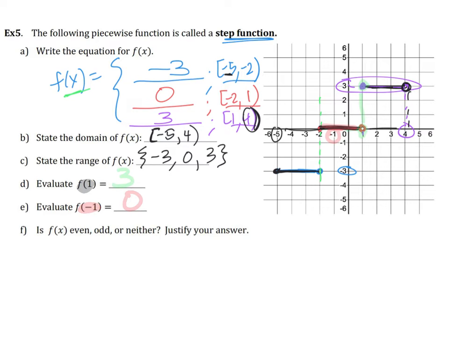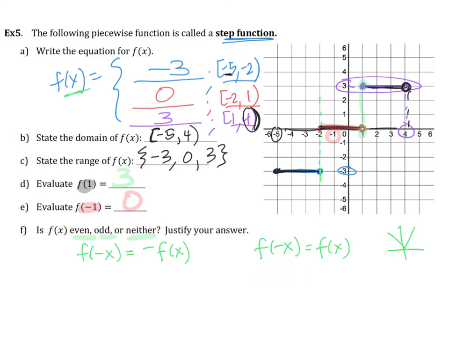If you look at this step function, is this step function even, odd, or neither? Justify your answer. Remember, if your function is even, then that means when you put in the opposite of x, you just get the same y back.